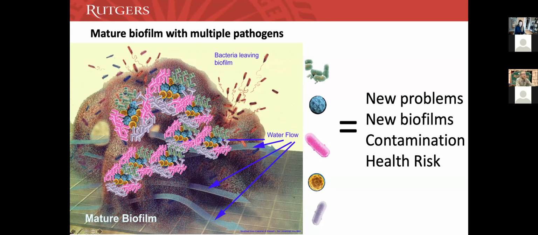So this basically just leads to, if biofilms are left to mature, you have new problems: you have new biofilms starting in new locations, you have contamination of any of the water that is downstream of these biofilms, and it leads to health and food safety concerns.